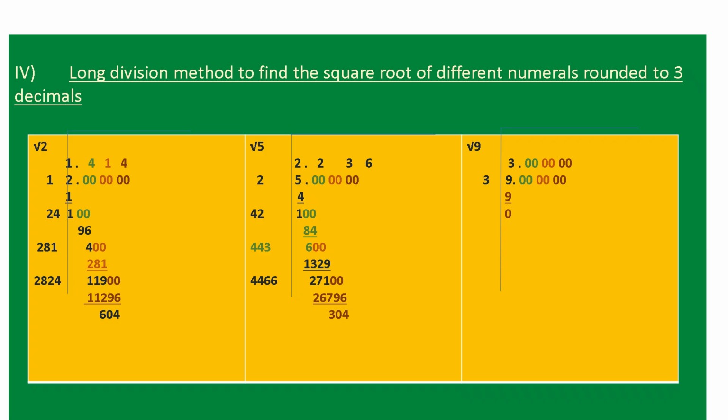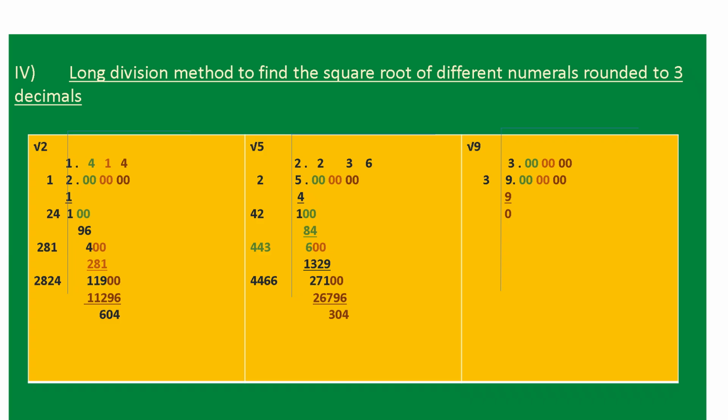How do I choose 1? I will choose 1 because 281 multiplied by 1 gives a number which gives a remainder not more than 400. So 281 multiplied by 1 gives 281. If you subtract 281 from 400, you get 119, which is less than 281.